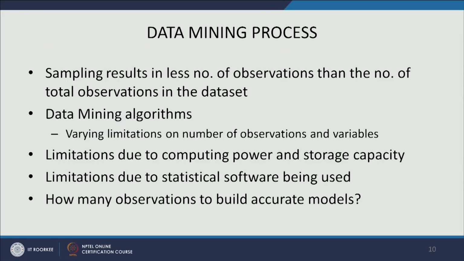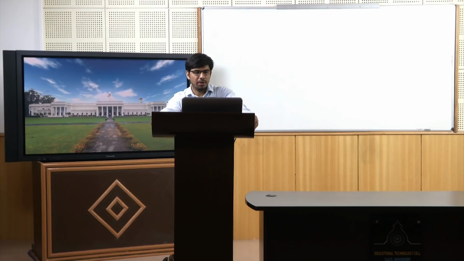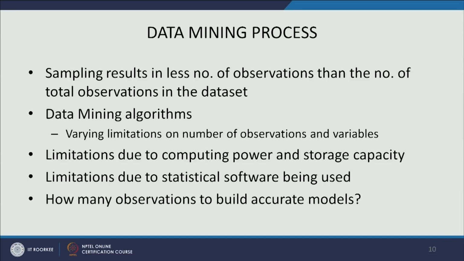Nowadays you already understand that different software have different versions. Generally, if you are using a free version of a commercial software, that can actually limit the number of variables or number of observations that can be studied. So those limitations can further bring down your sample size.